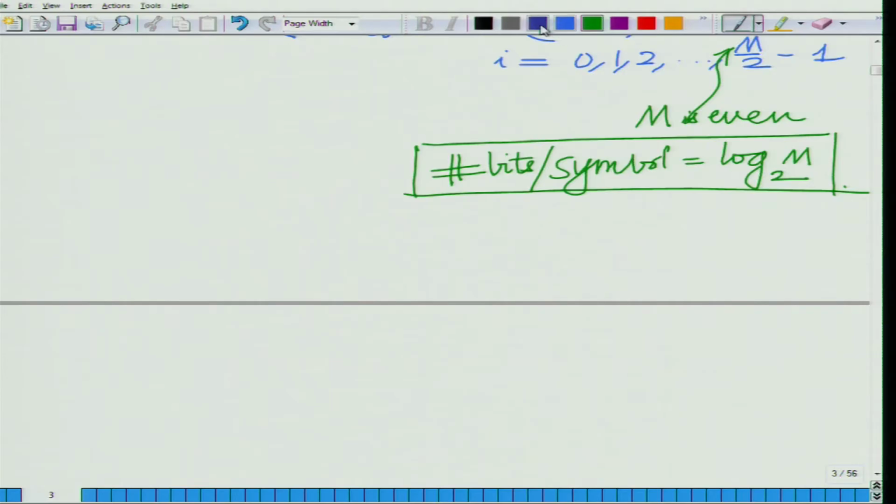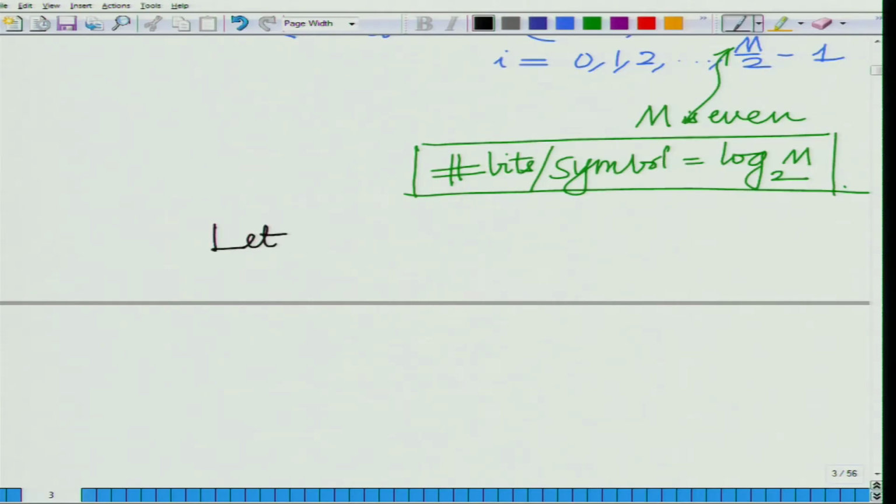Now, as we have seen several times before, we have to normalize things such that the average bit energy or average symbol energy is the same. Since we have more than one bit per symbol, let us start with the average symbol energy. Let the average symbol energy be denoted by Es.